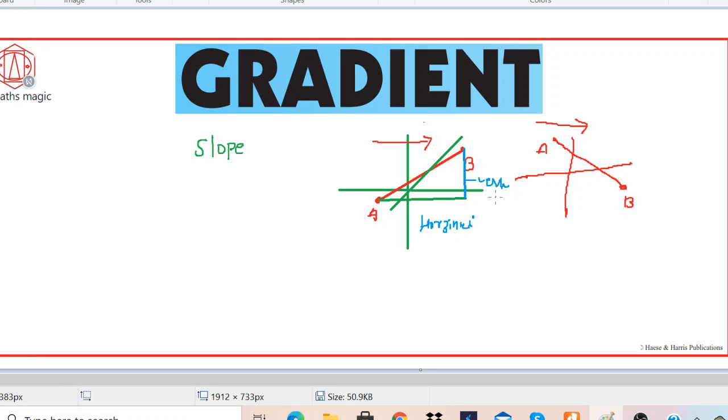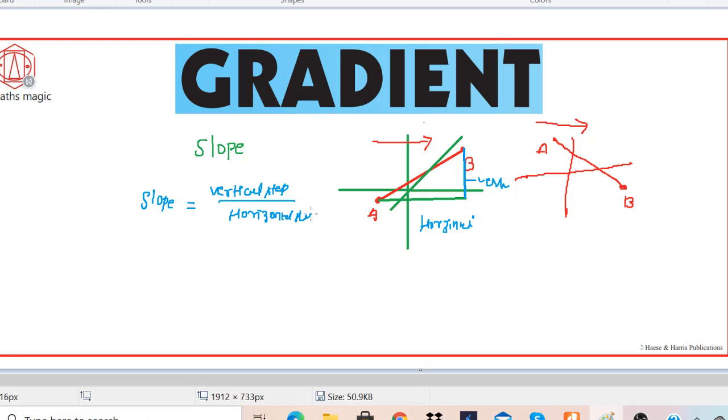Over here, if you want to find the slope or gradient of any line, you have to find the ratio of basically vertical steps and horizontal steps.